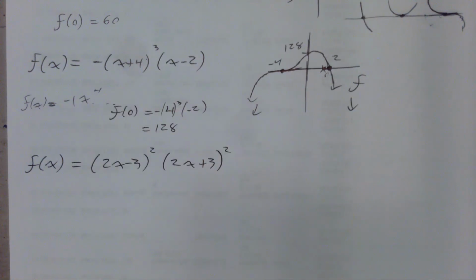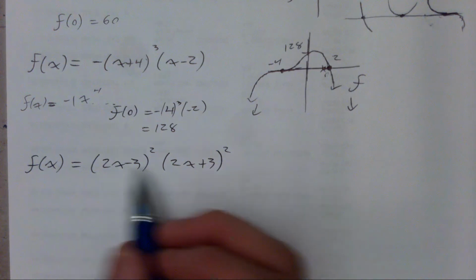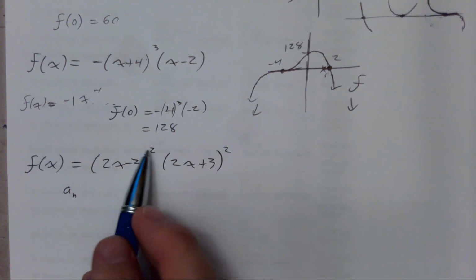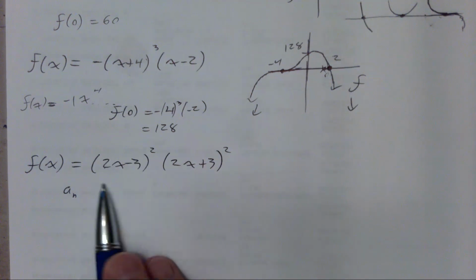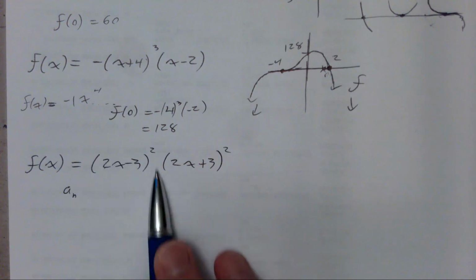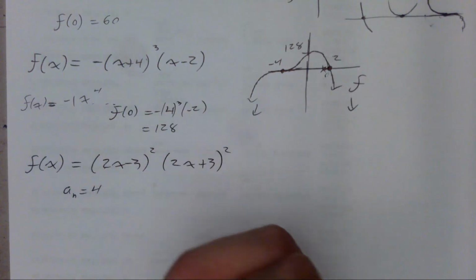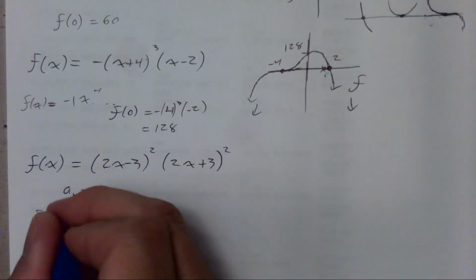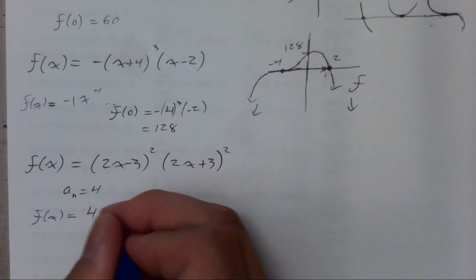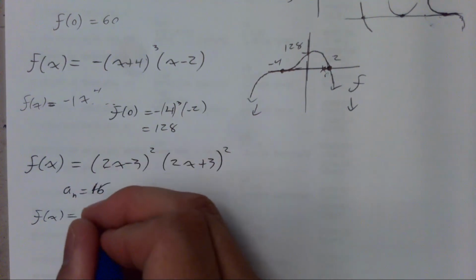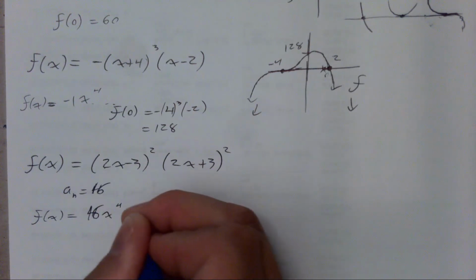No. My leading coefficient here is technically going to be 2 squared times 2 squared. There's going to be a 2x times a 2x times a 2x times a 2x. My leading coefficient is positive 4, my function in expanded form would be 16x to the exponent 4 plus blah, blah, blah.